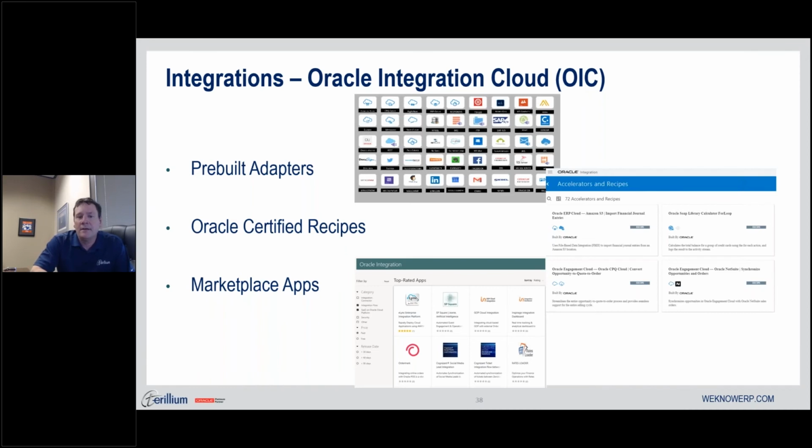You're getting the 60% out of the box, and then you just configure or modify the rest. You also have the marketplace where vendors are consistently building new apps and new integrations that you can, whether you purchase them or some of them are free, basically drop into Integration Cloud and connect them and go.